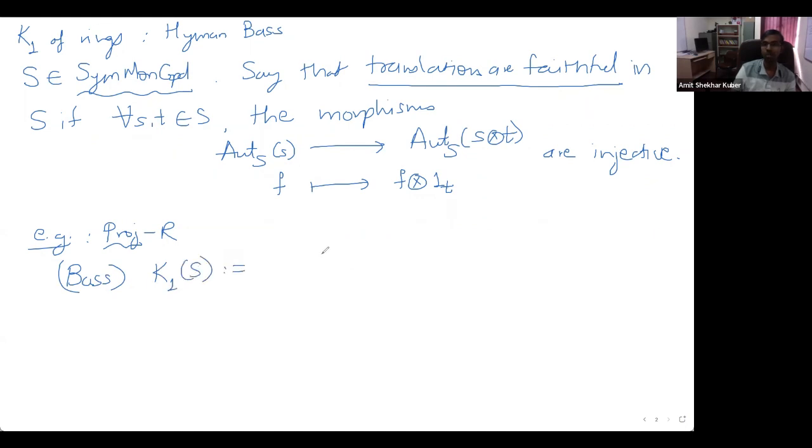He defined it to be the directed limit. This directed limit is important because the size has to grow, of the first homology group of the automorphism group of S. Okay, so this is the group homology that we are talking about.